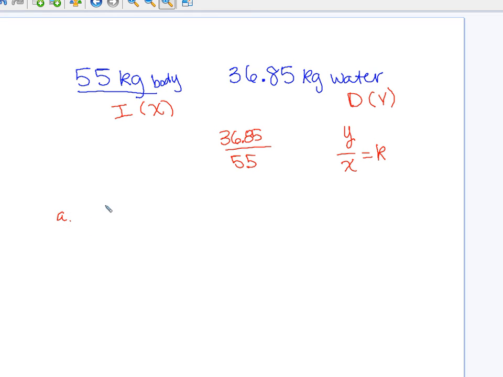Okay, we need to write an equation, so we go ahead and divide, and you get 67 hundredths times X equals Y. And X is body weight, and Y is water. Okay, it asks about the independent and dependent. We know the slope, this is also the slope.